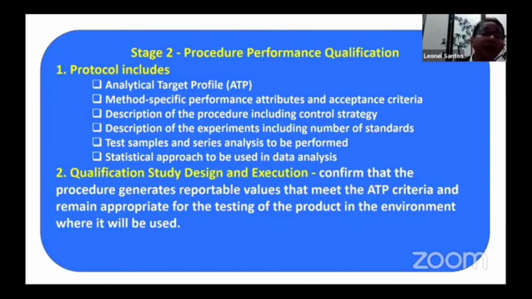This is followed by the qualification study design and execution. This step actually confirms that the procedure generates the reportable value that meets the ATP criteria and that it remains appropriate for the testing of the product in the environment that it will be used. So remember, the environment is actually the method and the sample. And then finally, the third element in stage 2 is to write a final report.